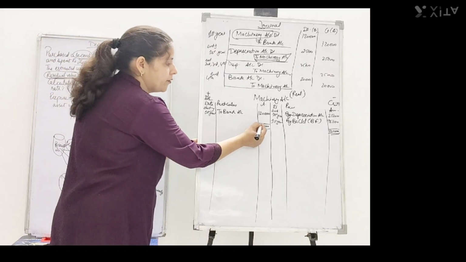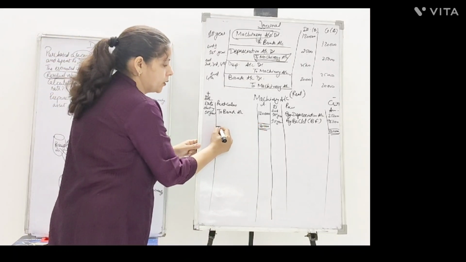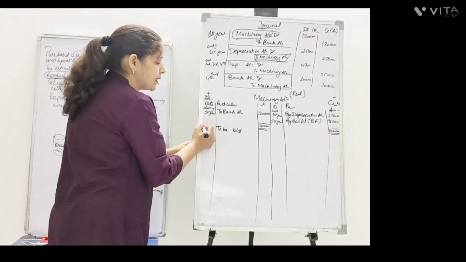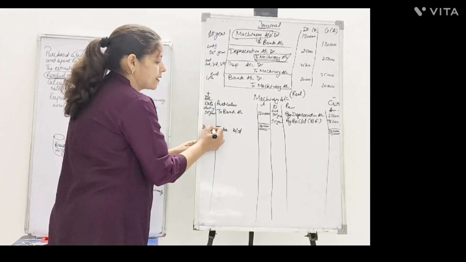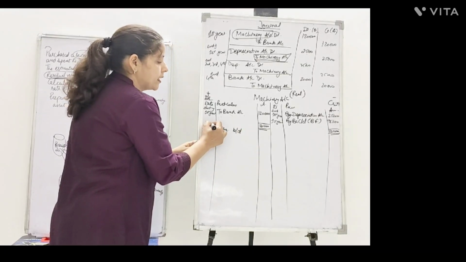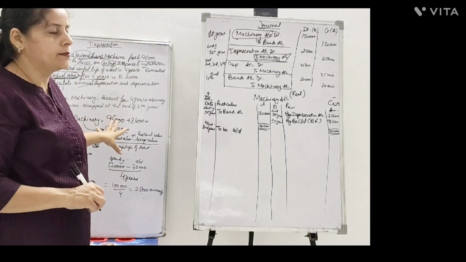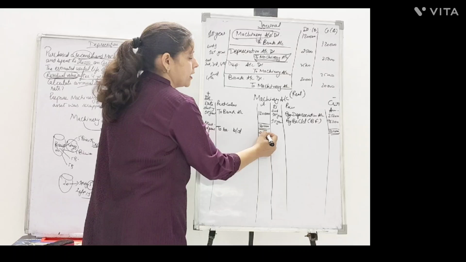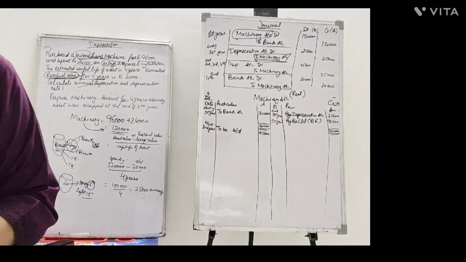Now, when you have portrayed it like this, balance brought down at second year starting, right? Always taking second year starting because here the years were not mentioned. So at the starting of the year, how much value is there?